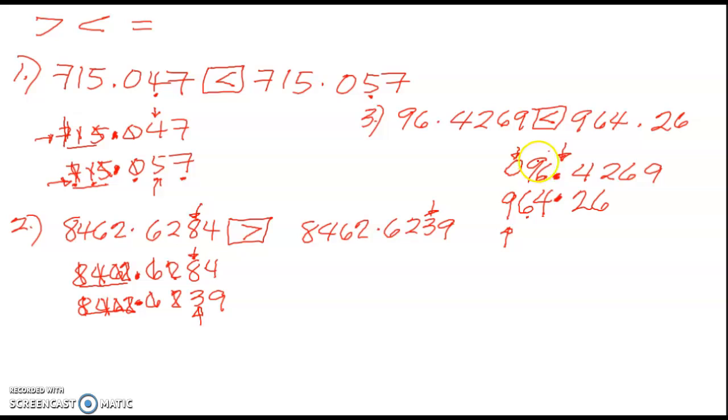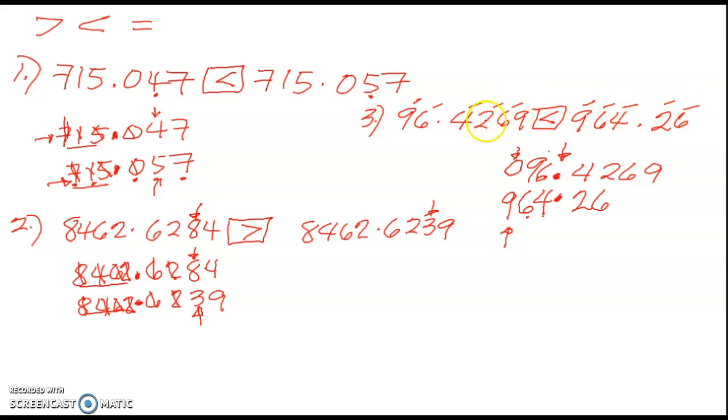Because if we are not going to align this, let's say we will not align this one, you could be wrong when you compare 9 and 9. Oh, they're the same. 6 and 6, the same also. 4 and 4, the same also. And then 2 and 2, the same also. 6 and 6, the same also.